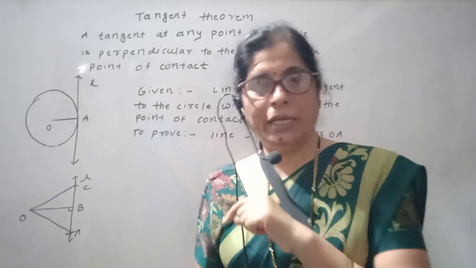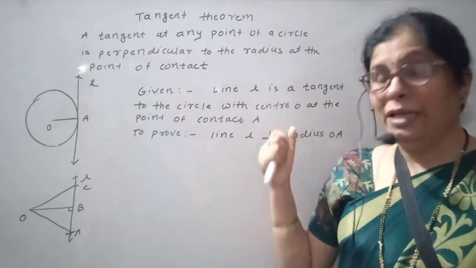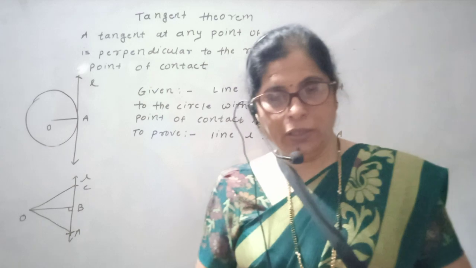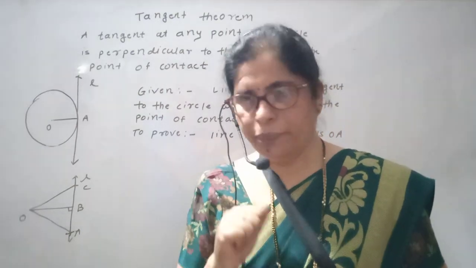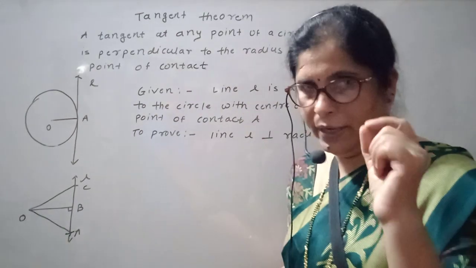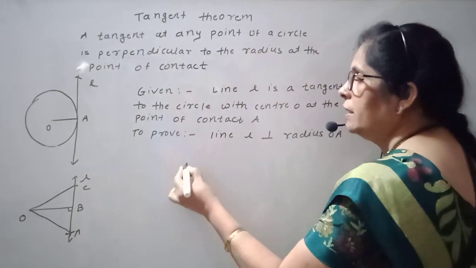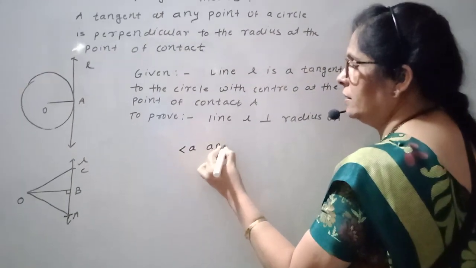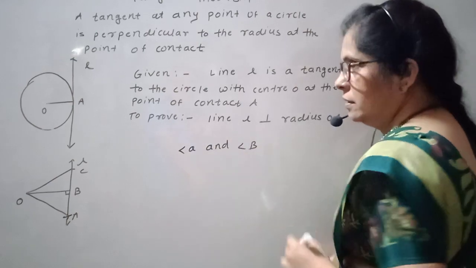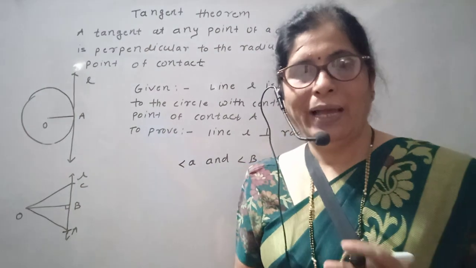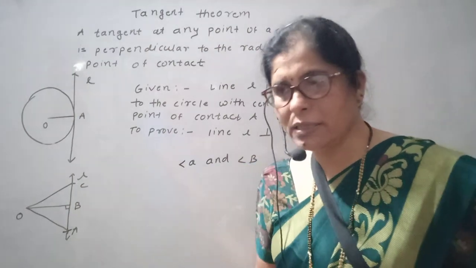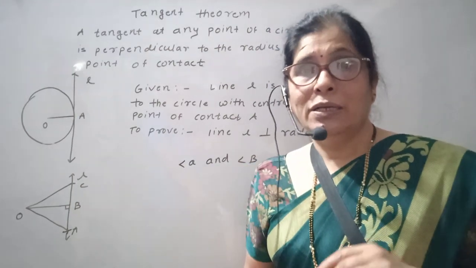Now, this theorem can be proved by the indirect method. First we will see what is meant by indirect method. For example, suppose we have to prove that angle A and angle B are supplementary angles.